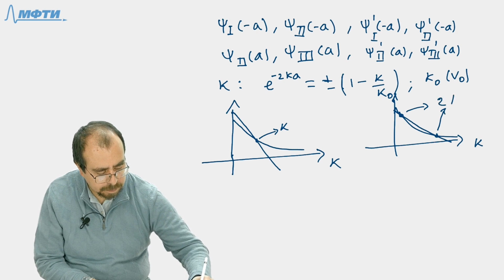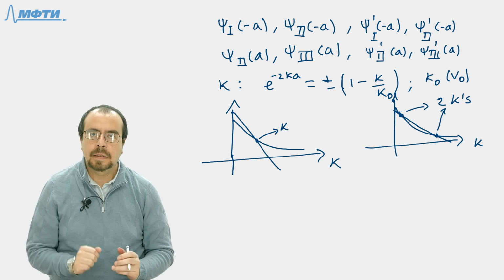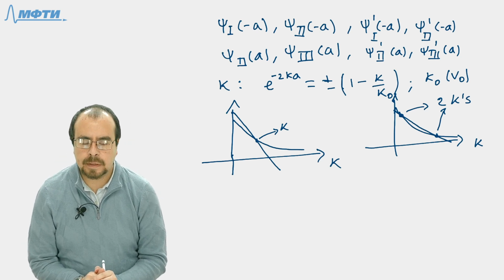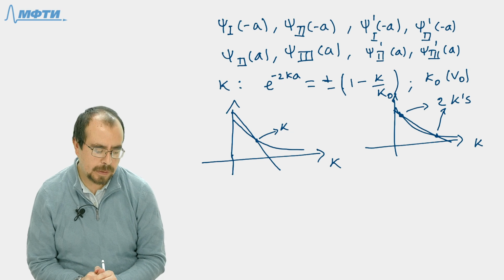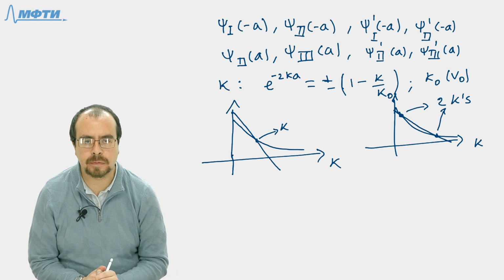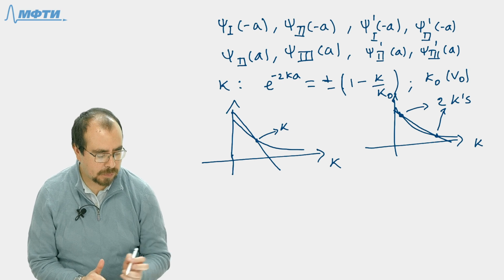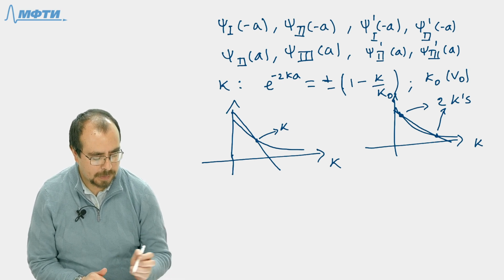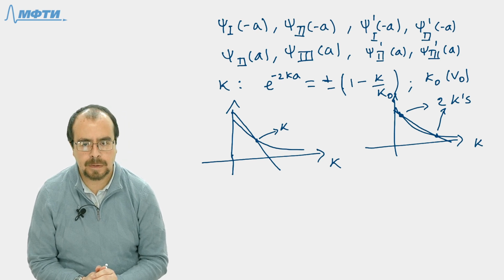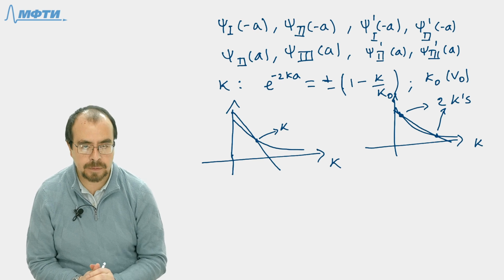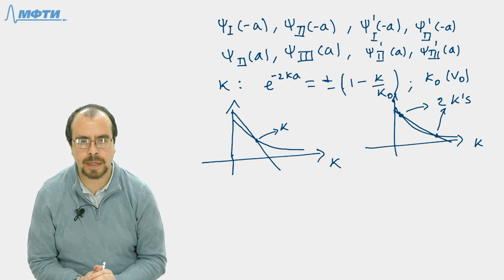You need to be very aware of the values of your parameters in order to check which of these cases you can get. All this will depend on the number k0, most importantly on the value of v0 and of our parameter a.